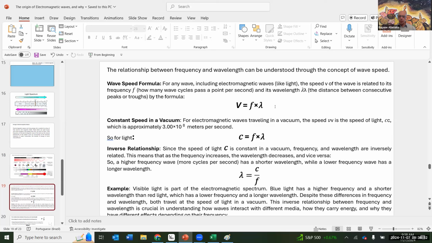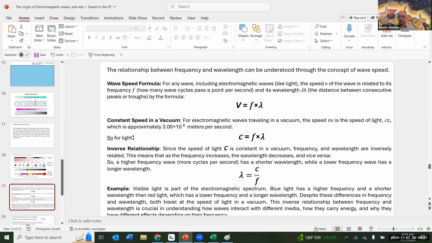So here are some formulas: the wave speed is the product of the frequency times the wavelength. So in vacuum, the speed of light is given by this product. It's 3 times 10 to the 8 meters per second.